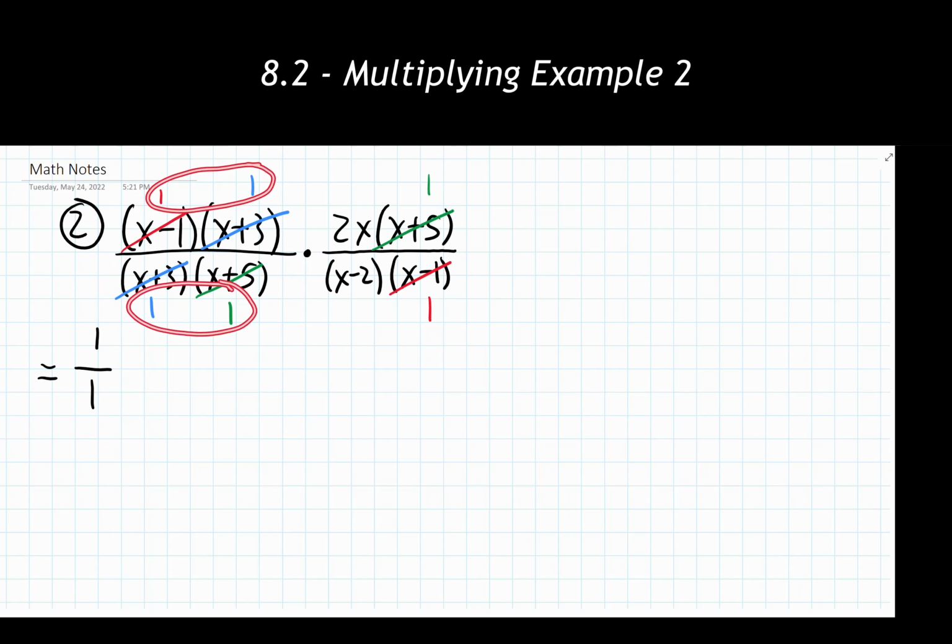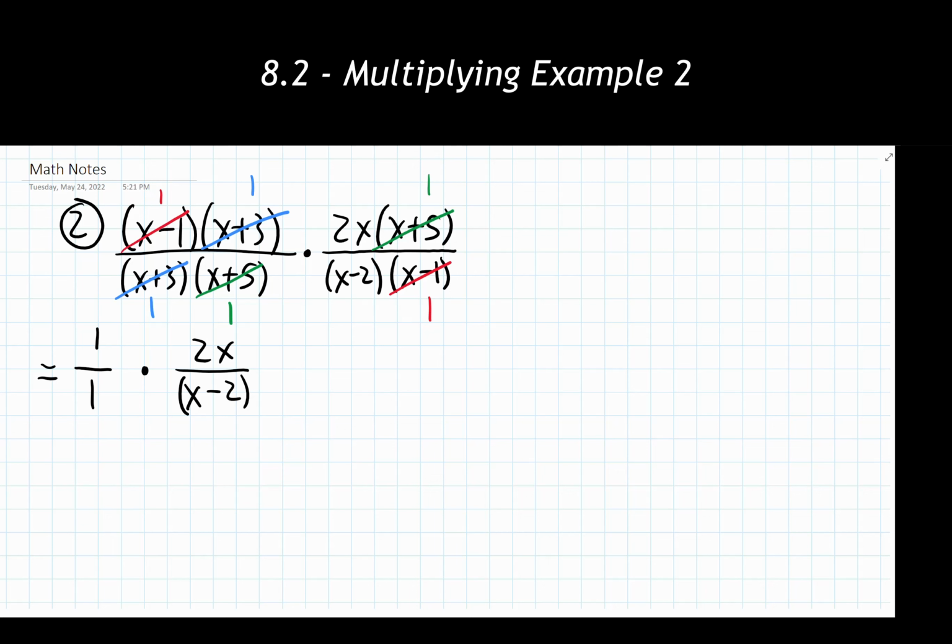I have 1 times 1 down below. So we get 1 over 1 for the first rational expression. The second one over here ends up becoming 2x over x minus 2. The 1's multiply to those, and 1 times anything is just the original thing.